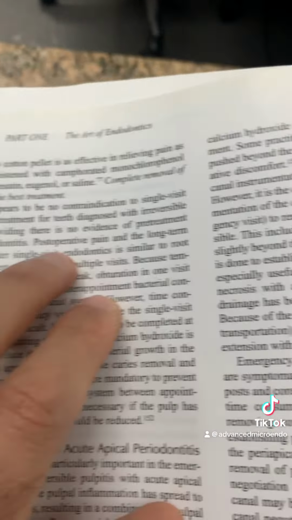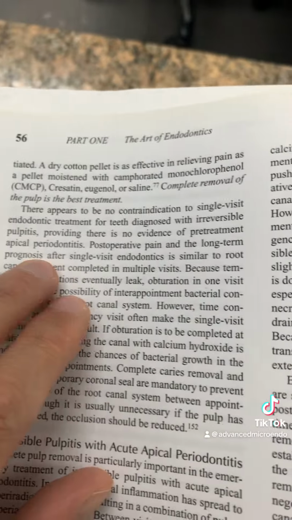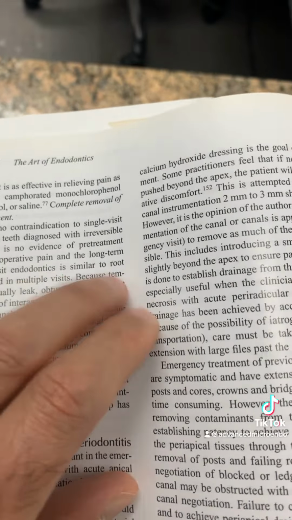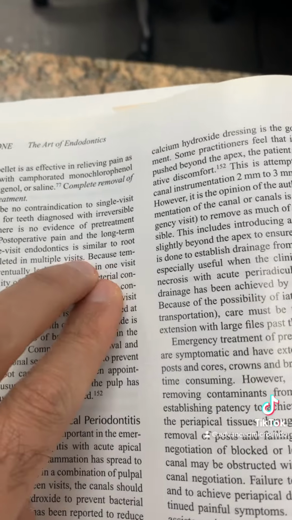Now check this out. Post-operative pain and the long-term prognosis after single visit endodontics is similar to root canal treatment completed in multiple visits.